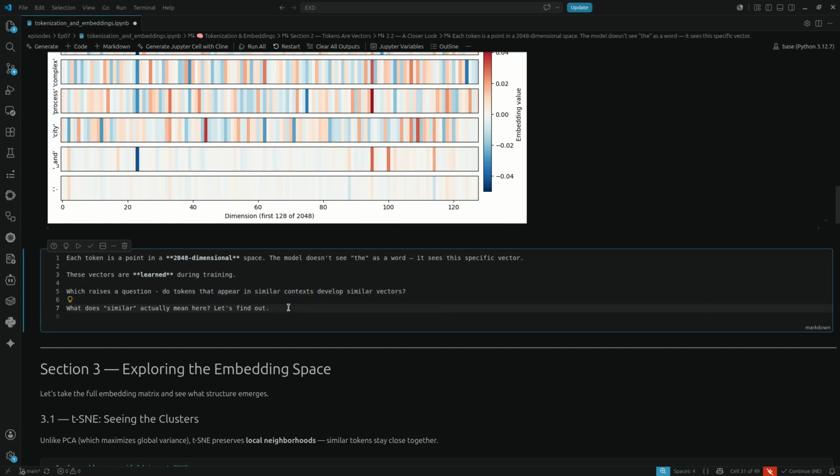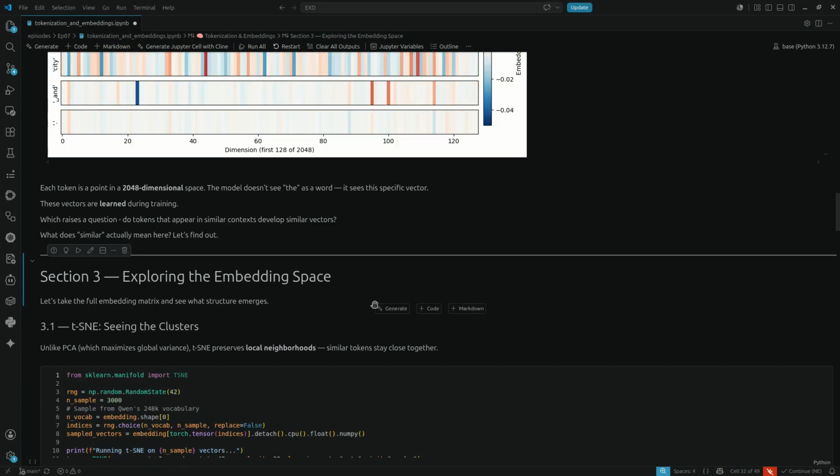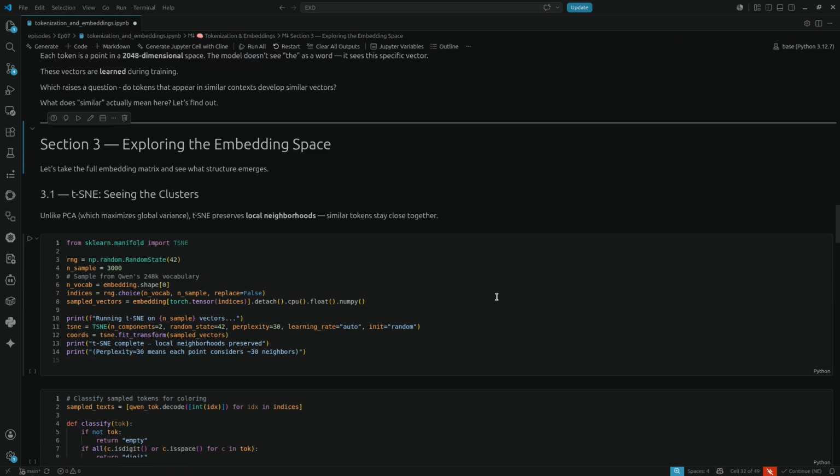Let's find out. So let's explore this embedding space. Now the problem is, of course, that we can't see or think in 2048 dimensions. So we're going to have to use a dimension reducing algorithm.